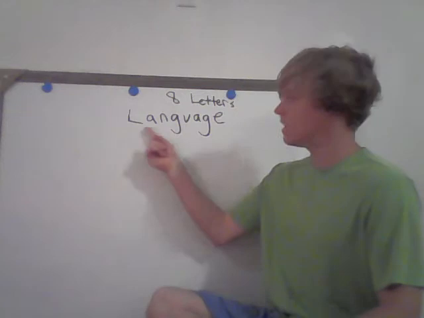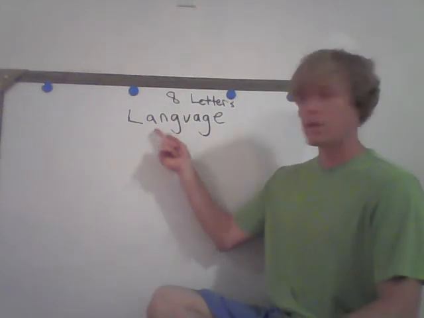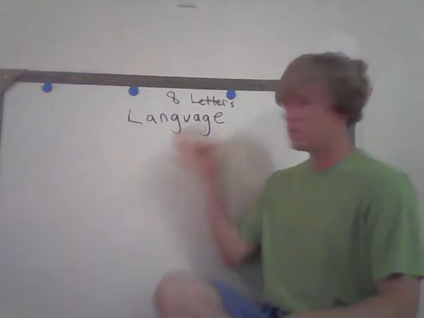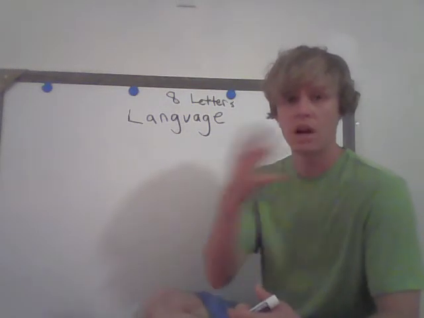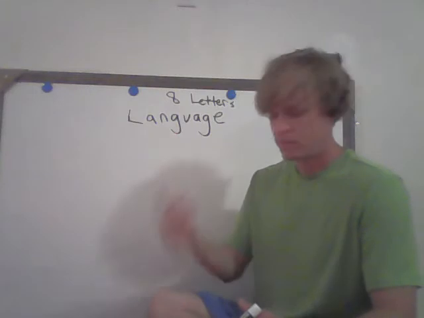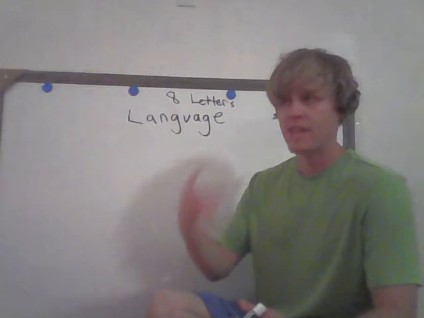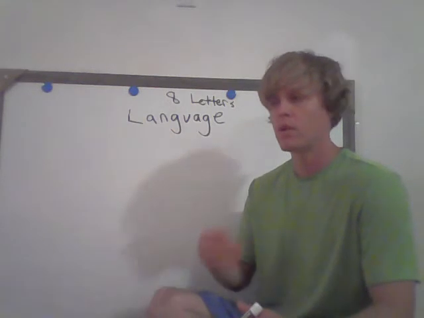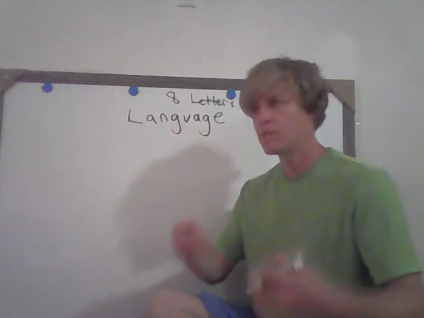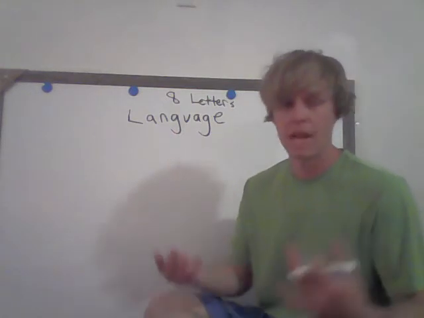I'm pretty sure this lingua is probably a Latin word. This probably comes from lingua, where we get our word language, and in the English they call that tongue, right? So we have alpha, beta, gamma, delta, epsilon, zeta, eta, theta, iota, kappa, lambda, mu, nu, xi, omicron, pi, rho, sigma, tau, upsilon, phi, chi, psi, omega.